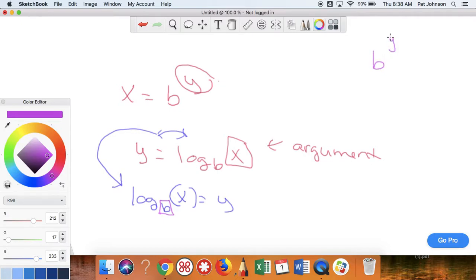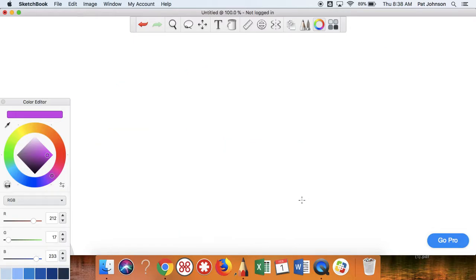I'm going to write b to the y. b is my base and y is my exponent. So to write this into exponential form, your argument is going to equal b, the base of the log, which is also the base of the exponent. So you have x equals b to the y. It makes it less confusing.